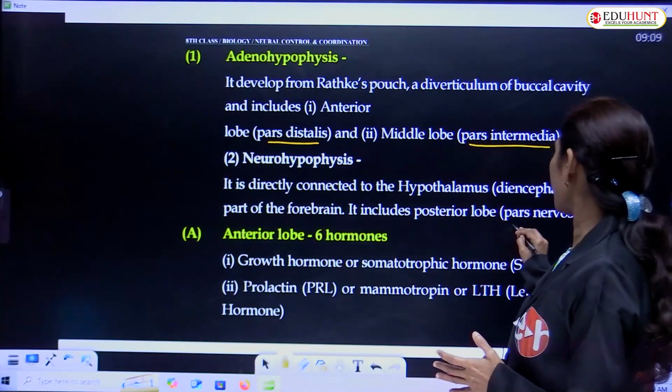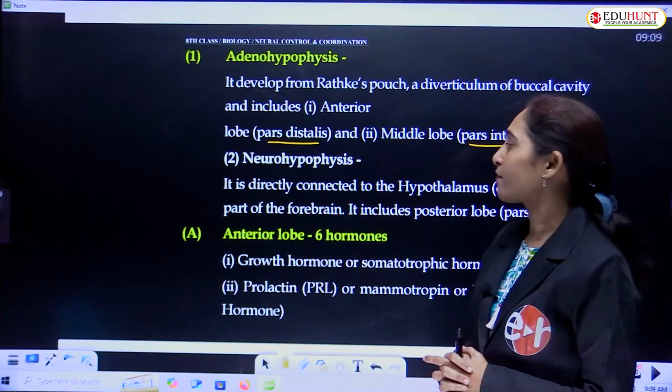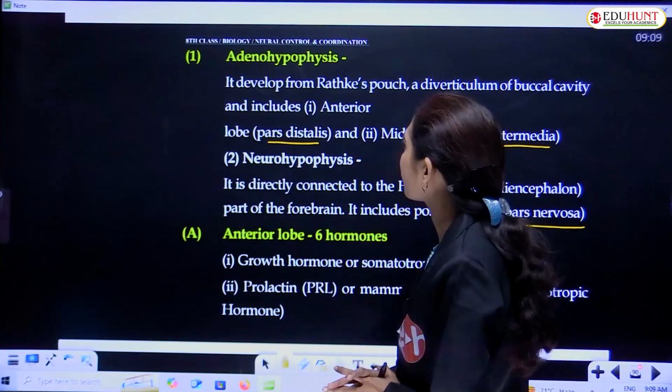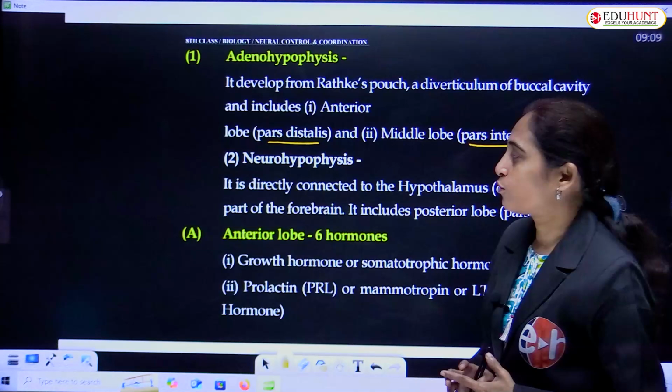It includes the posterior lobe called the pars nervosa. Pars nervosa is the posterior part of the pituitary gland.